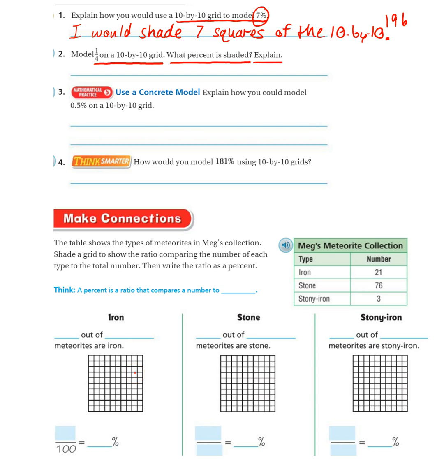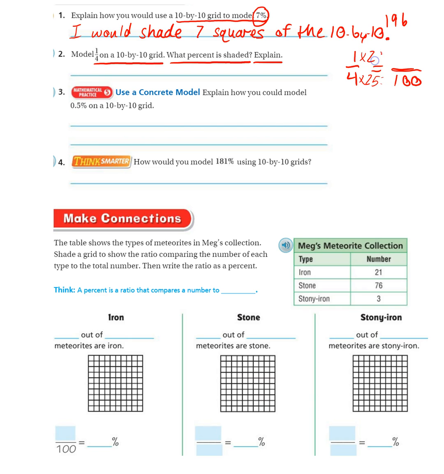So 1/4. I want 1/4 of 100, because remember, a 10 by 10 is 100. To shade 1/4 of it, I need the equivalent amount in hundredths. So what do I multiply 4 by to get it to 100? 25.